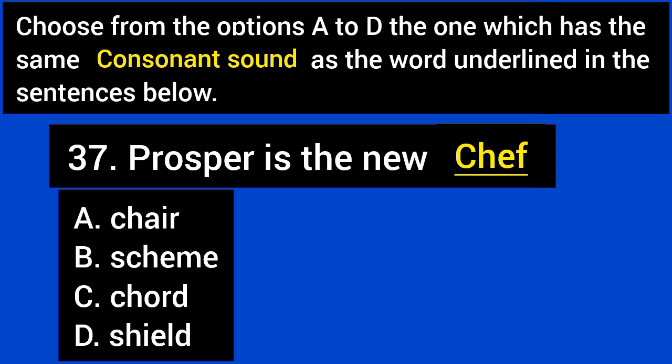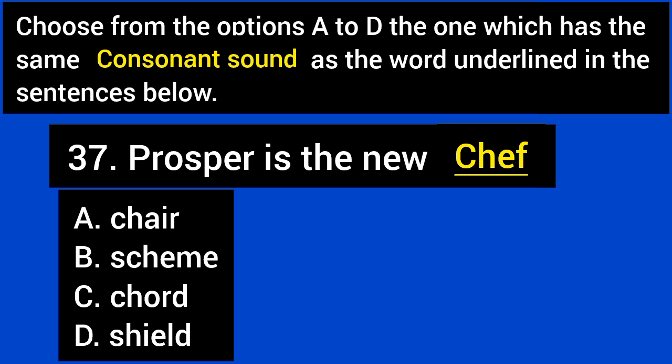So let's go to B, which is scheme. Chef and scheme: it's not sh, it's sk. So scheme cannot be our answer. Then we have the C, which is cord. Cord has the k sound.